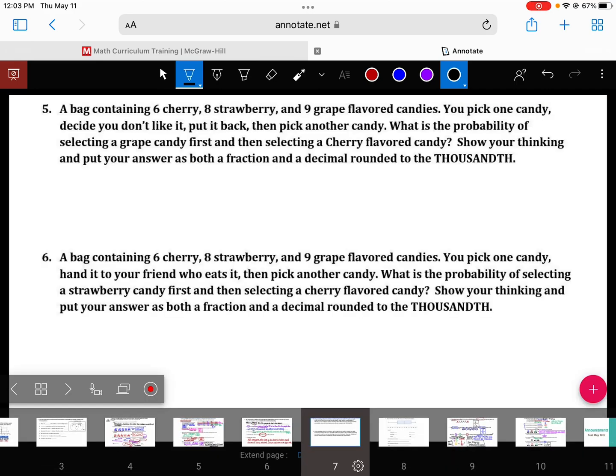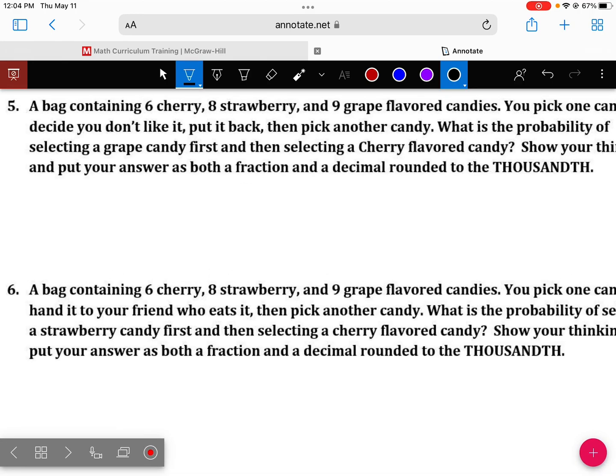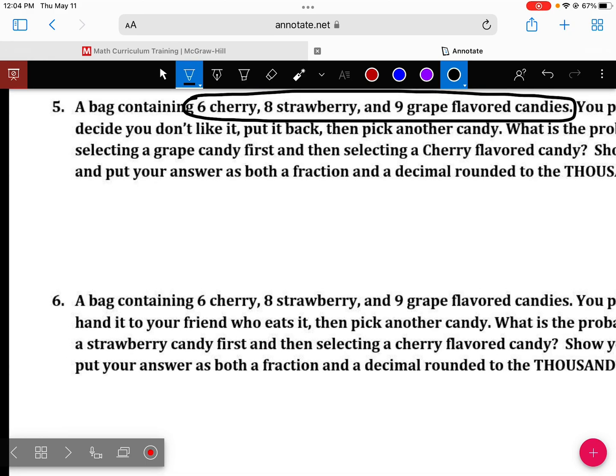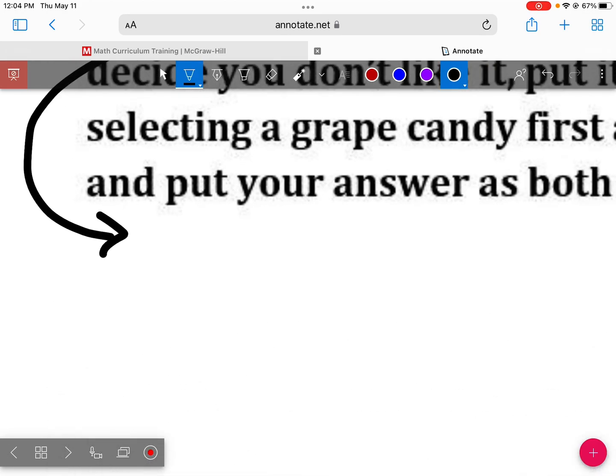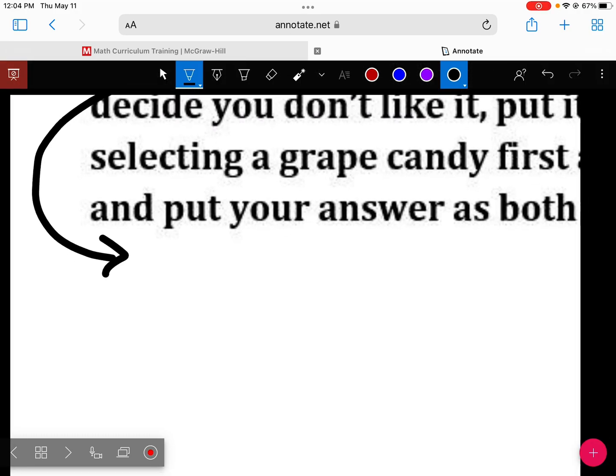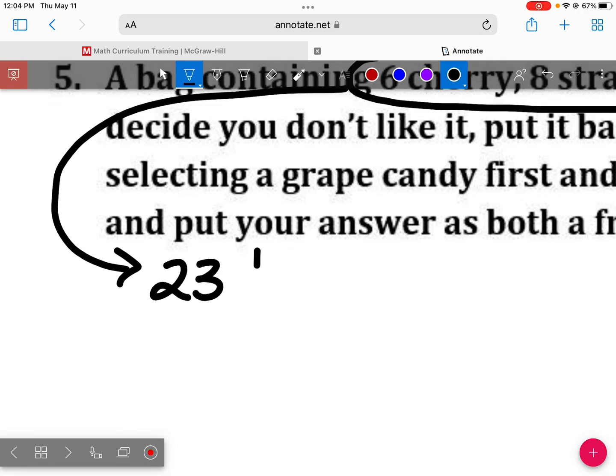A bag containing 6 cherry, 8 strawberry, and 9 grape flavored candies. So how many candies are there total? 23 total candies.